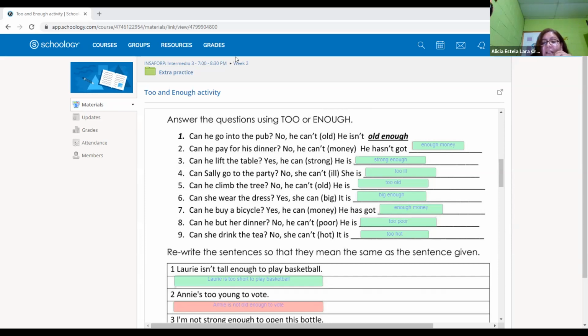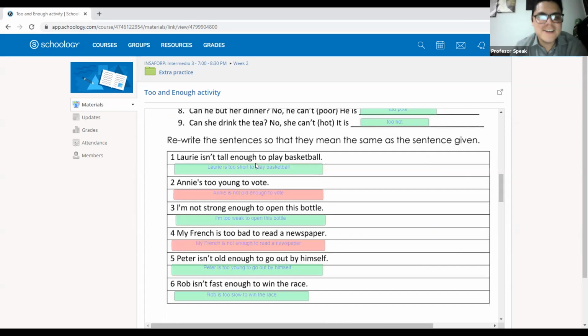It is big enough. Can he buy a bicycle? Yes, he can. He has got enough money. Can he buy his dinner? No, he can't. He is too poor. Can she drink the tea? No, she can't. It is too hot. Okay, you see, so much better, Estelita. You sound totally different.